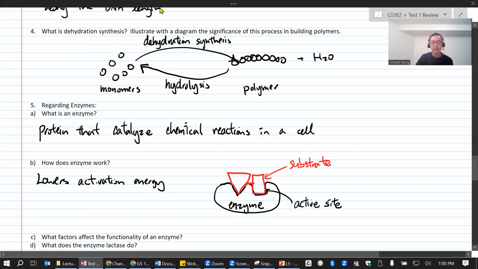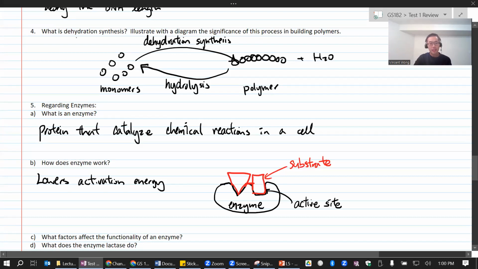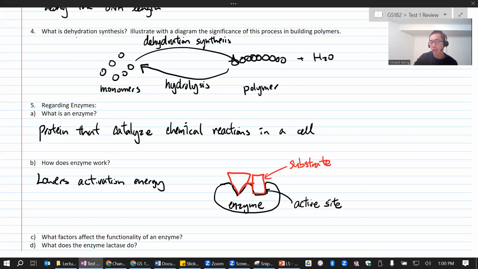The shape has to be matched up. And then the enzyme will do the reaction. It might break the bond in the substrate. It might transfer a phosphate from one molecule to another, as we saw in substrate level phosphorylation, for example. That's basically how it works.